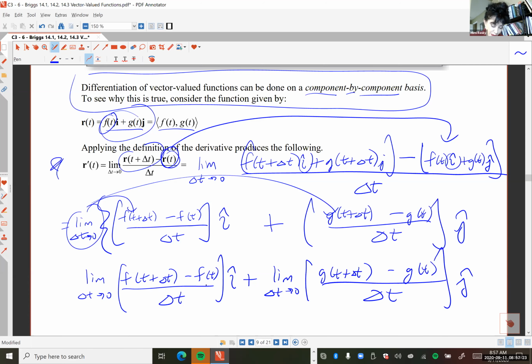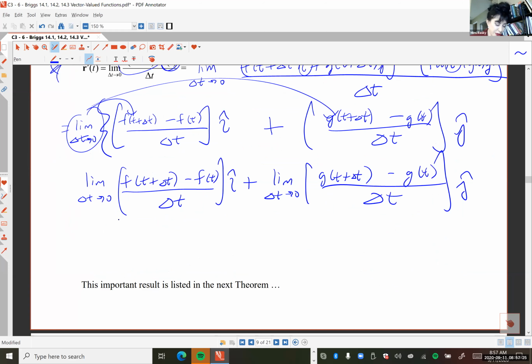Okay, so any math nerds in the room? What does this remind you of? What can I replace that whole mess with? Something times i hat. It's a definition from Calc 1.